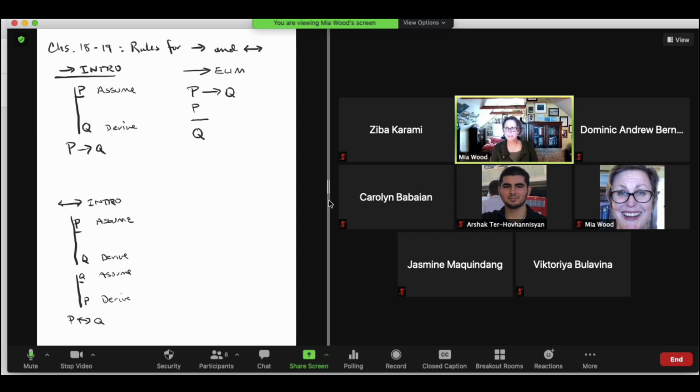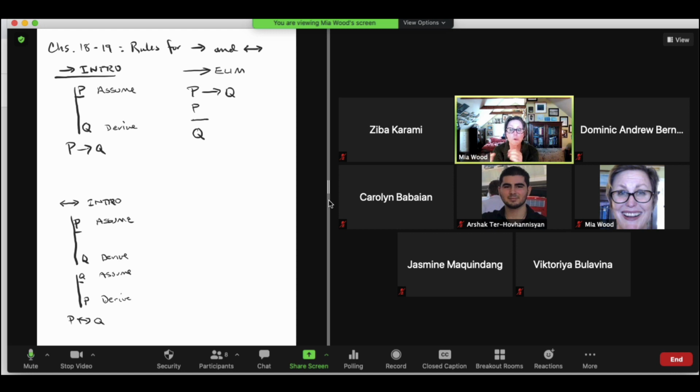Now, I hope what you're seeing with the biconditional intro rule is the fact that, similarly to the disjunction elimination rule, you have two successive subproof sequences, right? So assume P, derive Q, assume Q, derive P. They're separate subproof sequences. They occur, however, on the same line, right? One's not nested within the other. And that's the same format as we see with the disjunction elimination rule.